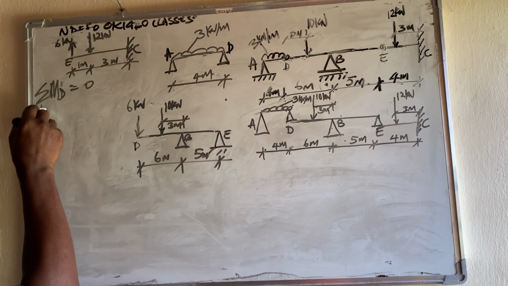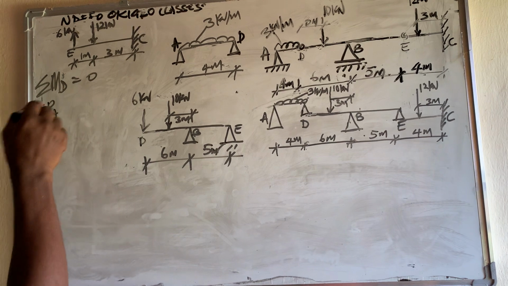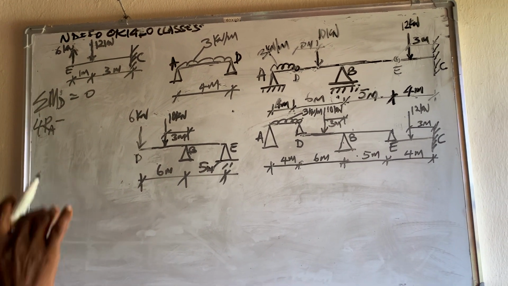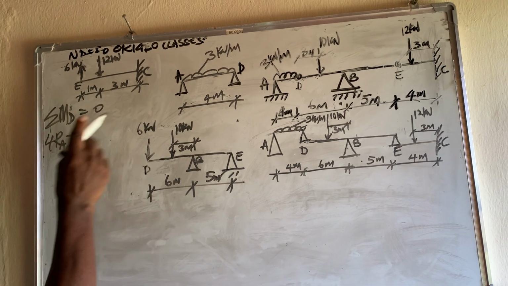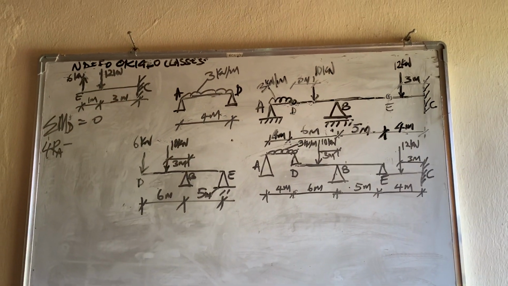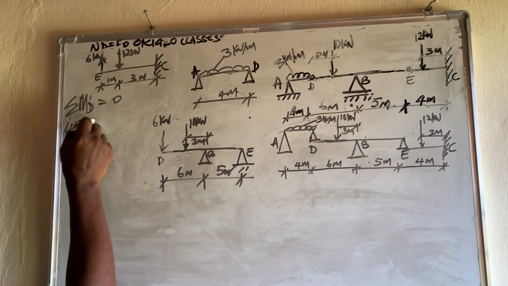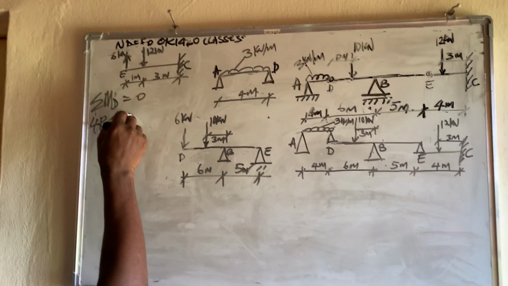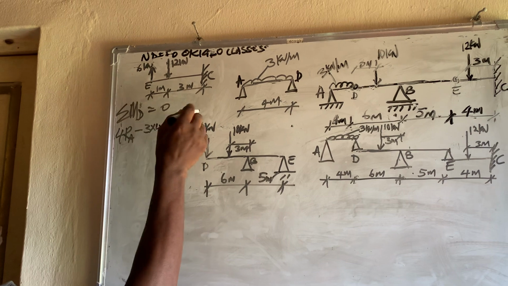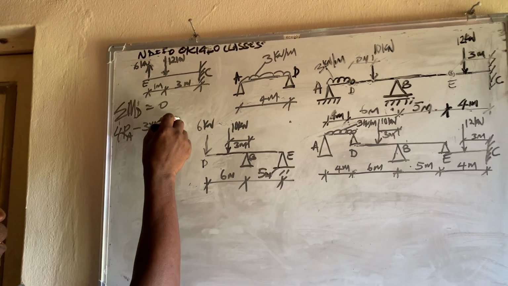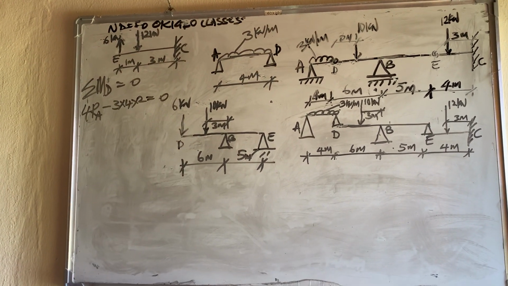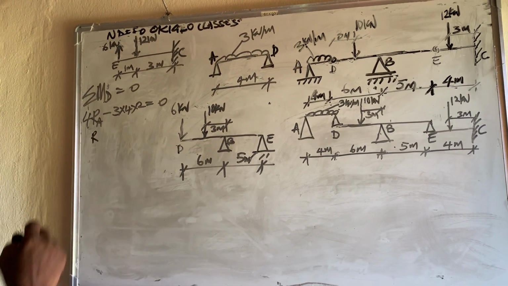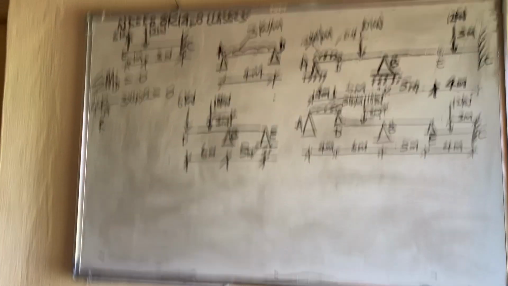So I have 4 RA, then minus the load. 3 times 4 is the total load, times half of the distance, because that's from the center of gravity to point D. So 4 RA minus 3 times 4 times half of 4, that is 2, equal to 0.